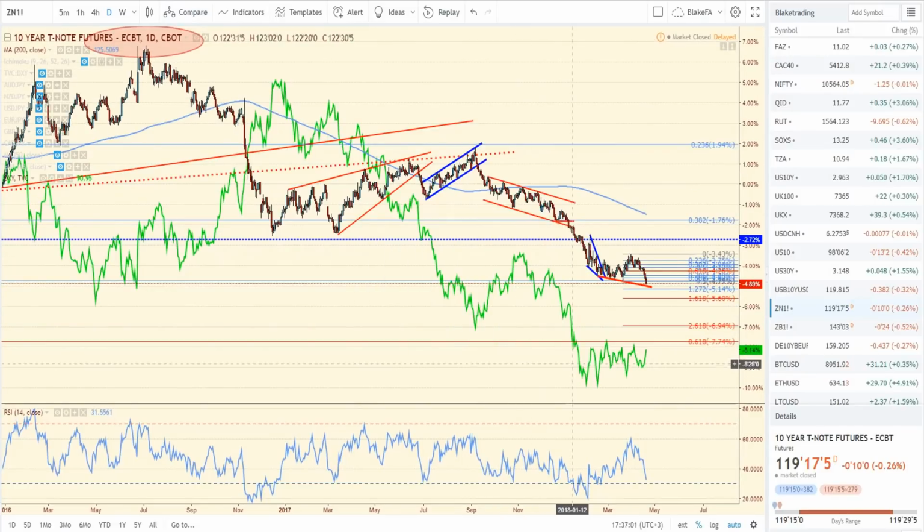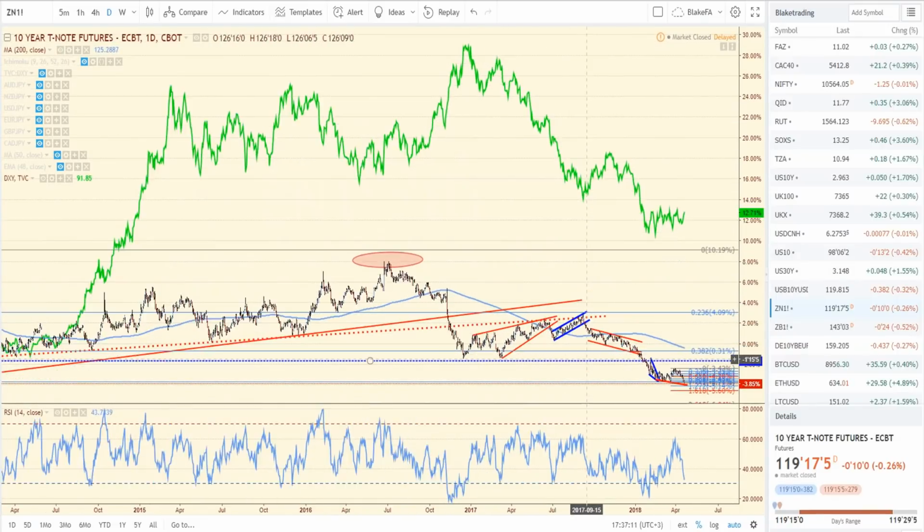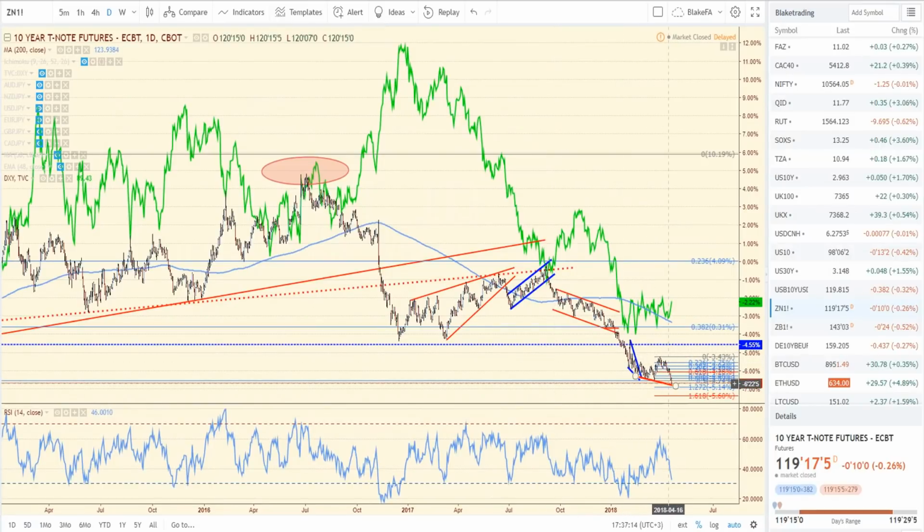What we haven't seen is, with bonds coming down, the dollar has not been moving higher. And you can see there is typically an inverse relationship between bonds and the dollar. But we've seen the bond market move down, and the dollar move down as well.